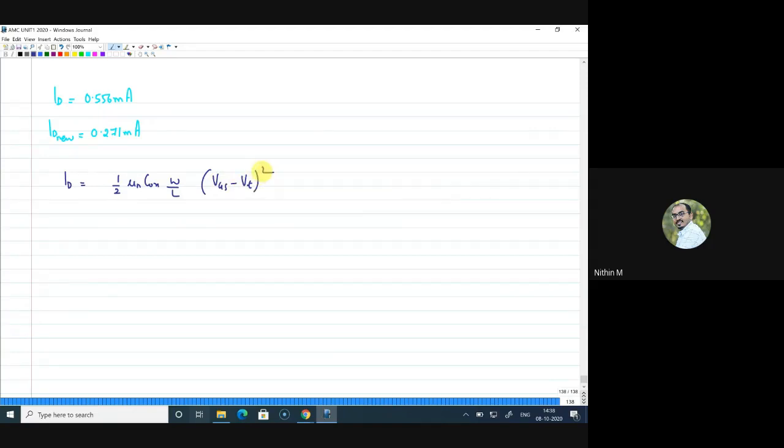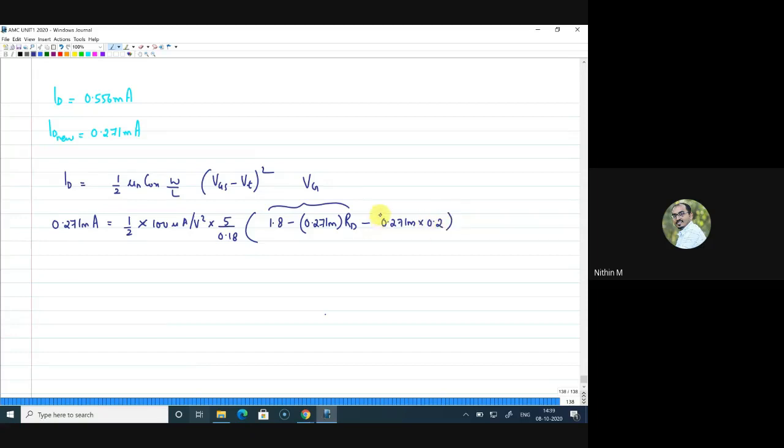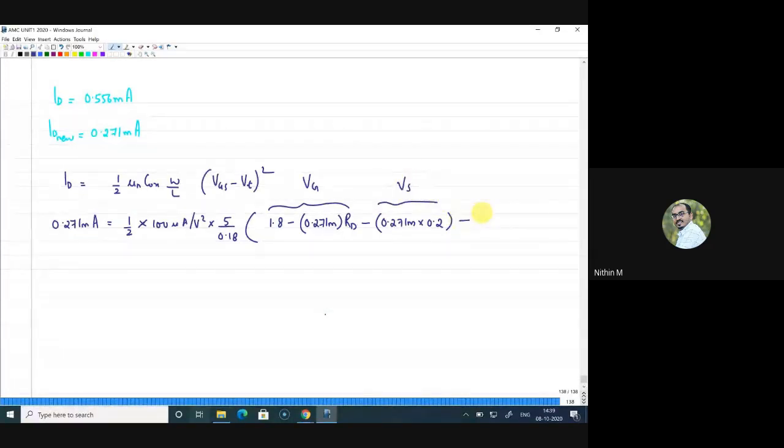To find the resistance value, you can substitute 0.271 milliamps, which is equal to half into mu n Cox, 100 microamps per volt square, into W by L, which is 5 by 0.8, into VGS minus VT, the whole square. Here VG is 1.8 minus the current into RD, minus VS, which is 0.271 milli into 200 ohms, and VT is 0.5.